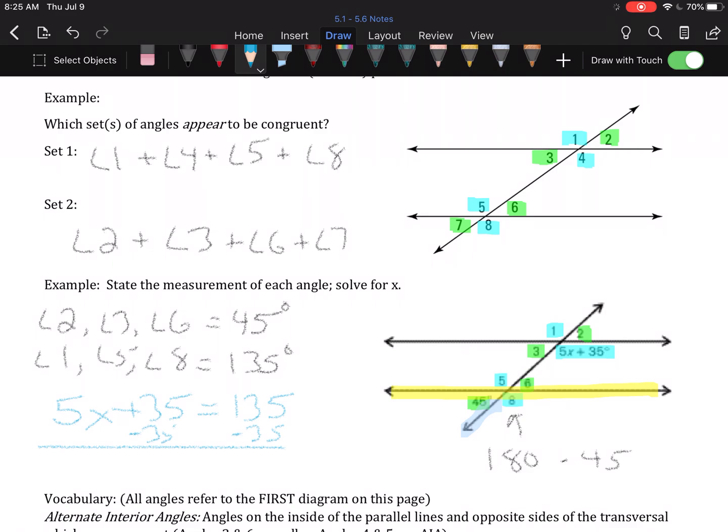We will subtract 35 from both sides to start. That gives me 5x equals 100. I don't really have a space here, so I'm going to copy this over. We would divide both sides then by 5 to find out that x is 20. So they're solving for x.